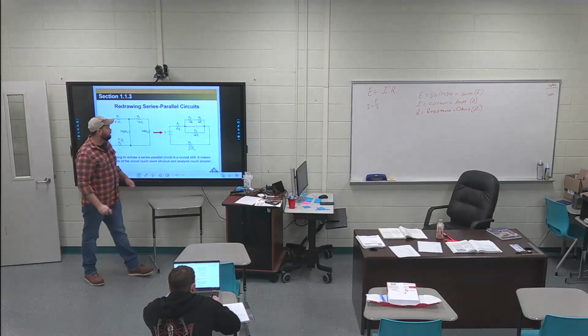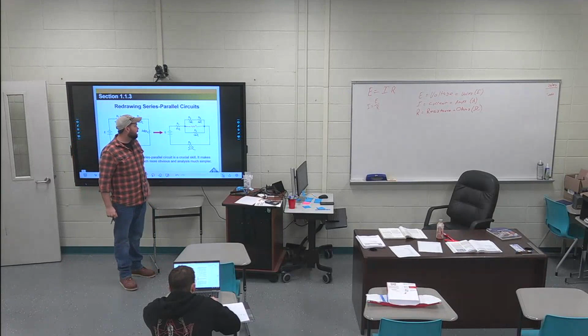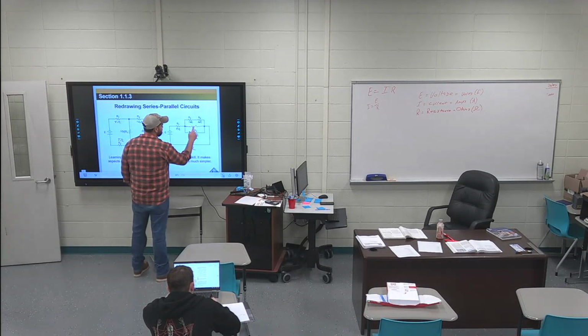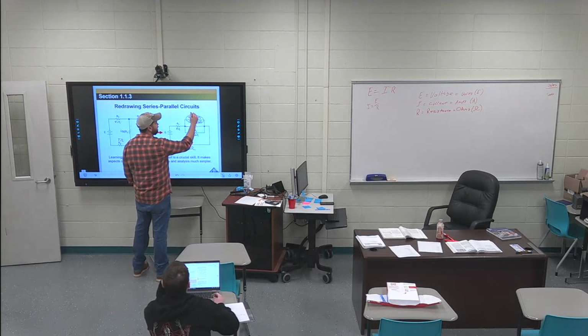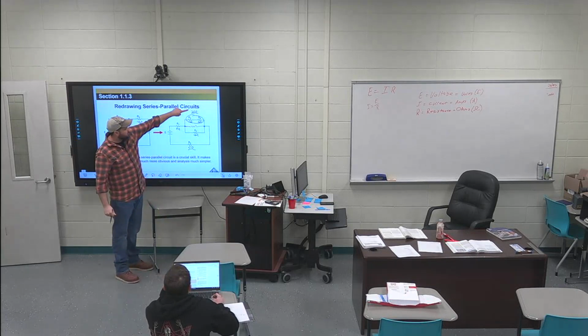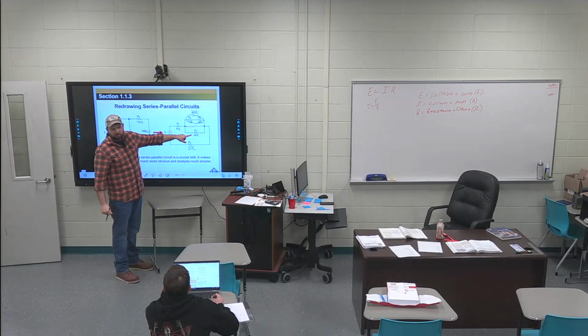So our R4 and R5 in series are parallel with R2. What do you do with series resistances? Add them up. So I can get rid of all this and say it is a total of 20 ohms. Good. So now I have a 20 ohm resistor in parallel with a 10 ohm resistor.